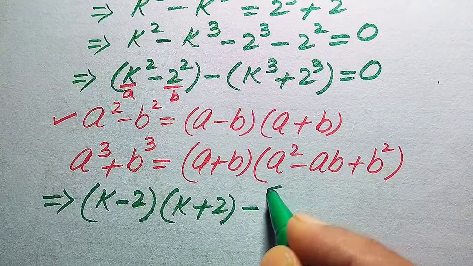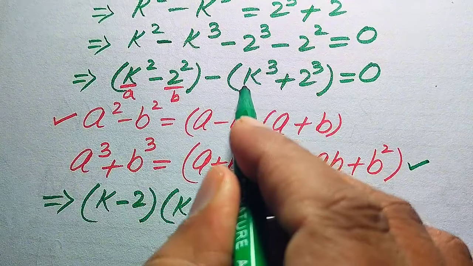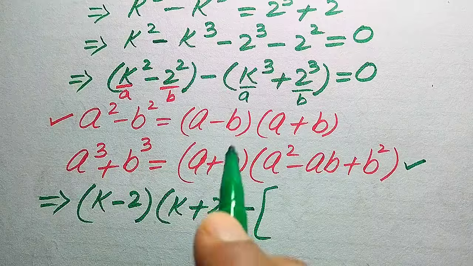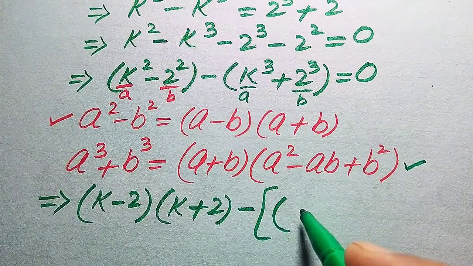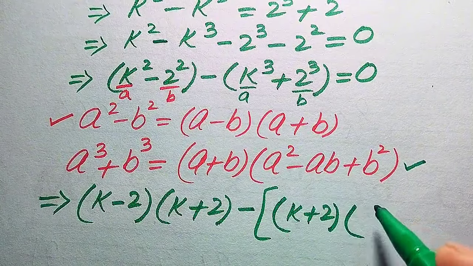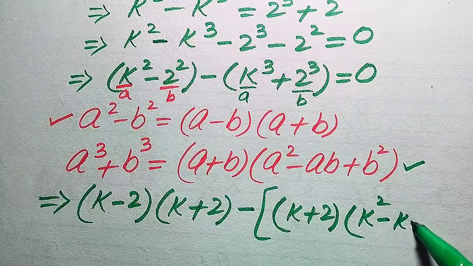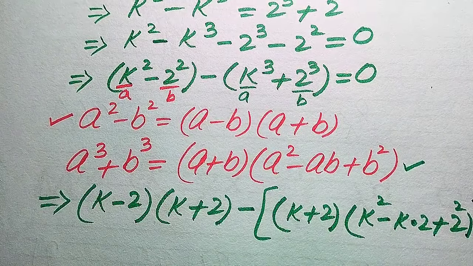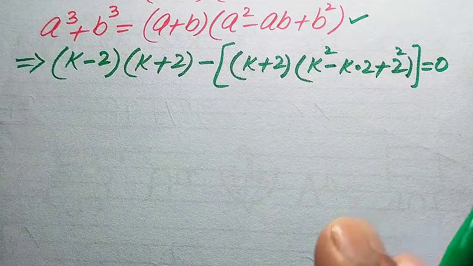And minus, here we use the second cubic formula on this term, where the base of this term is our a and the base of this term is our b. After applying the cubic formula, it is written as a plus b, which becomes k plus 2, into a square, where a is k, minus ab, where a is k and b is 2, plus b square, so b is 2 square, and this whole equation is equal to 0.